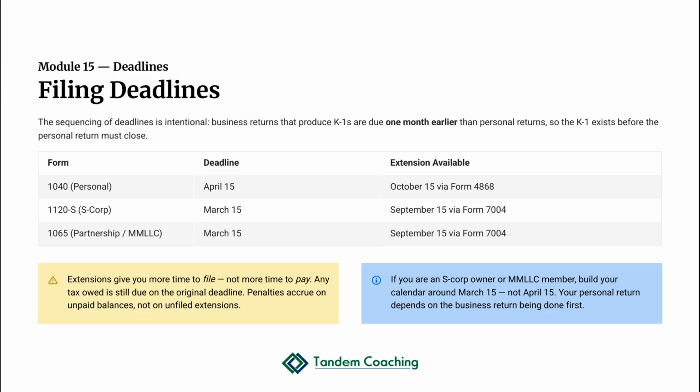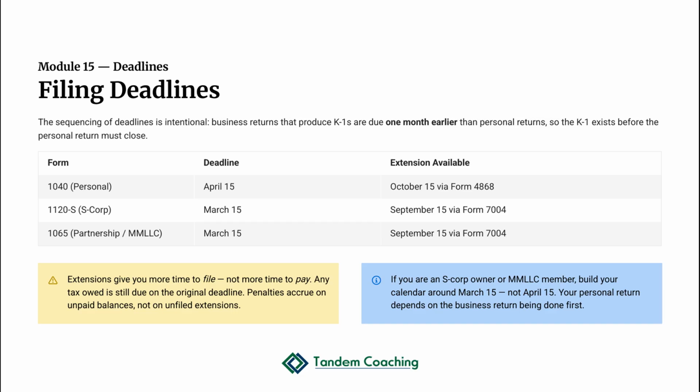The March 15 deadline trips first-time S-corp filers more reliably than any other date in the calendar. Personal returns are due April 15th. Every adult in America knows that. Business returns are due a month earlier because the K1 has to exist before the personal return can close around it. The dependency drives the deadline.